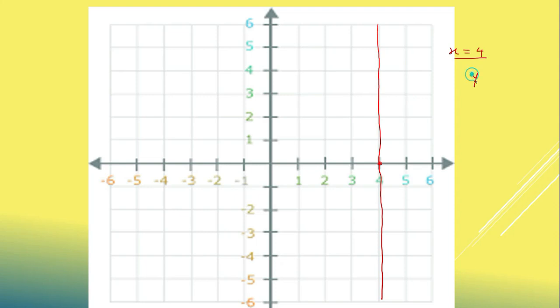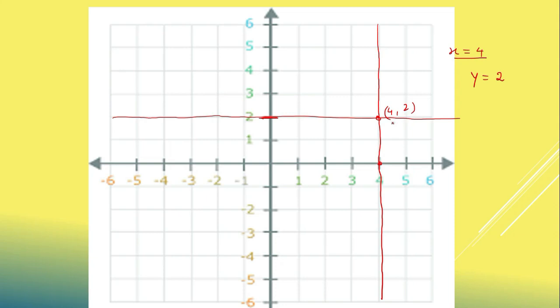Similarly, if I say y is equal to 2, then y is 2. It's fixed here. Throughout this line, y is 2. X is changing from negative infinity to positive infinity. They intersect at some point. This point at which x value is 4 and y is 2, the intersecting point is the ordered pair where x coordinate is 4 and y coordinate is 2.